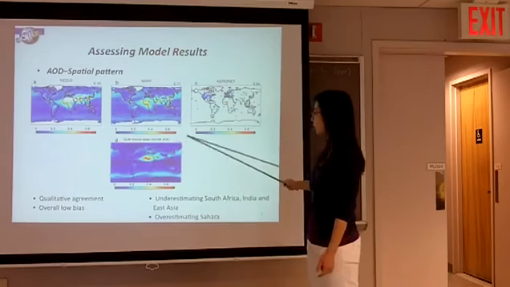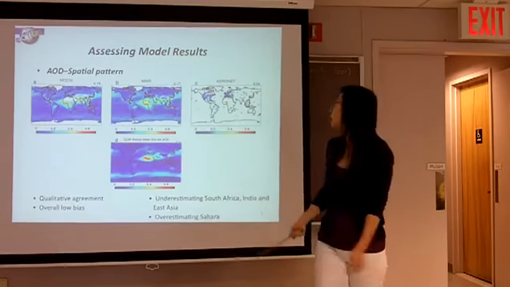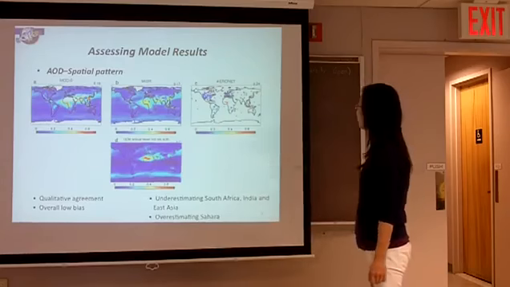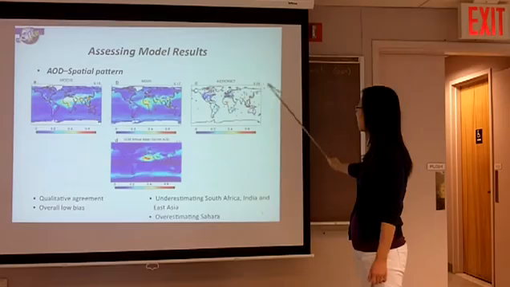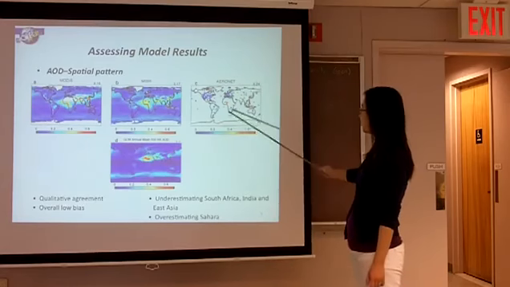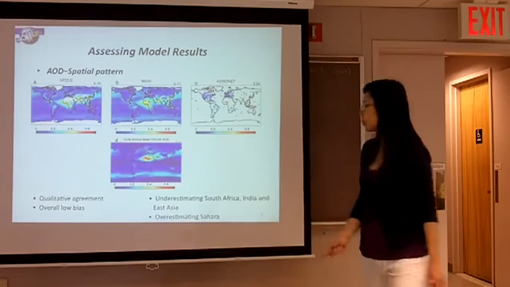Overall, our global average is lower than ModelE and MISR. And this one only has land data, so it's significantly higher, but we basically get the same results.